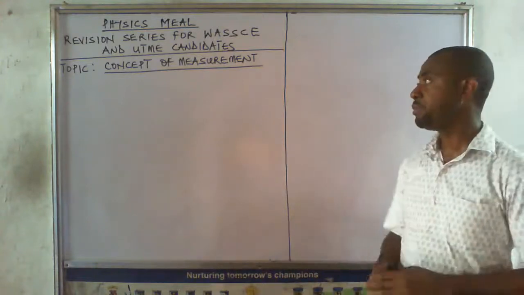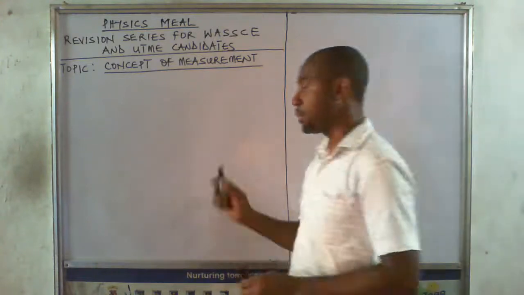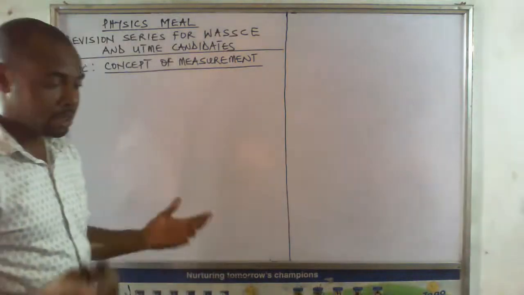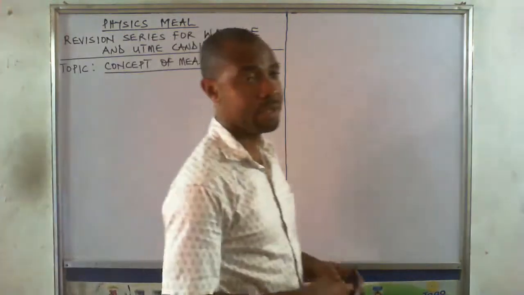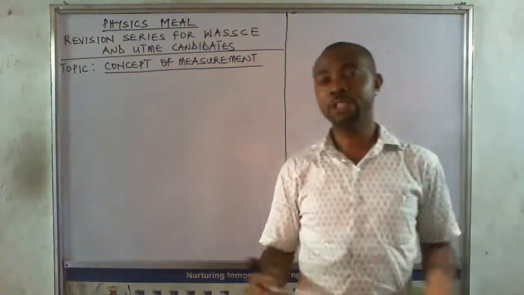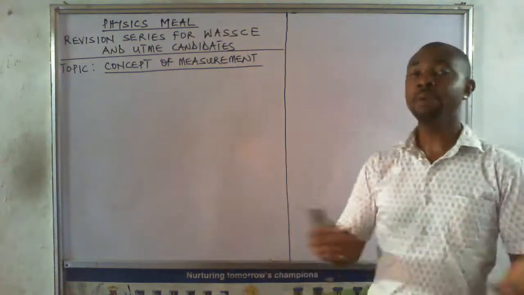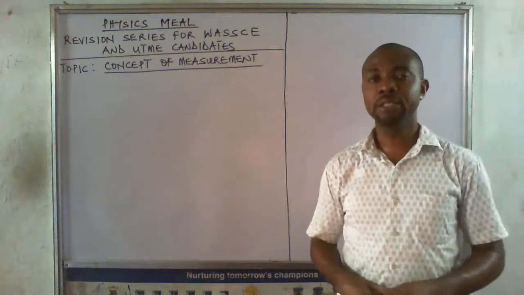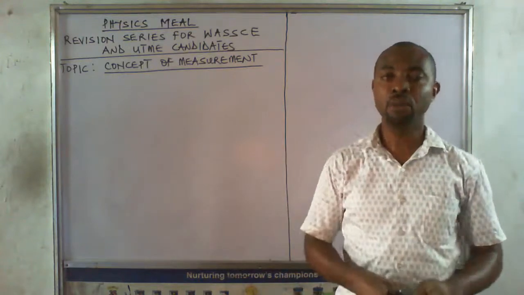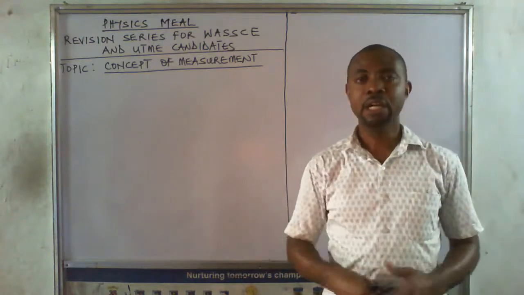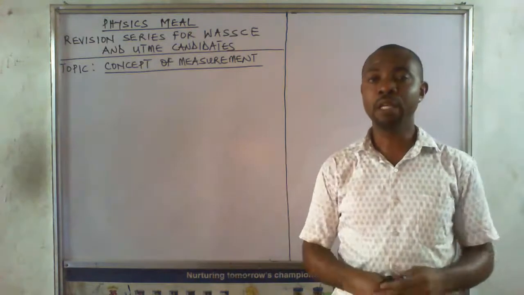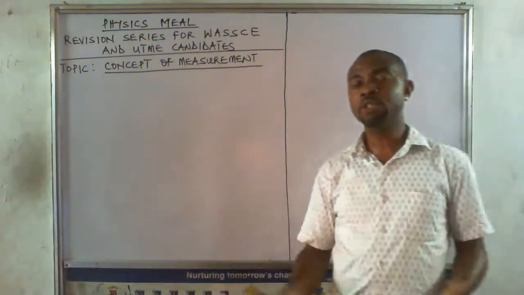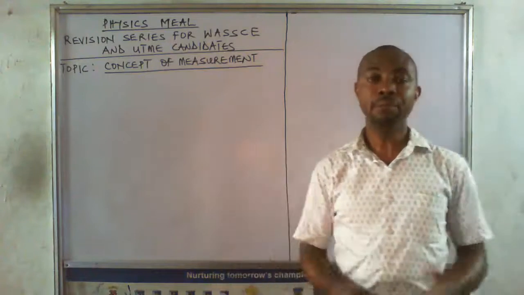So let's begin. Now, measurement is very, very important in science. The concept of measurement is an important aspect of the sciences, because when we fail to measure certain things, there will be problems. Even at home, we do measurements. Someone can ask you to get some quantity of water, and if it's water you want to boil for bathing, it will be different from the water you want to use to make tea.